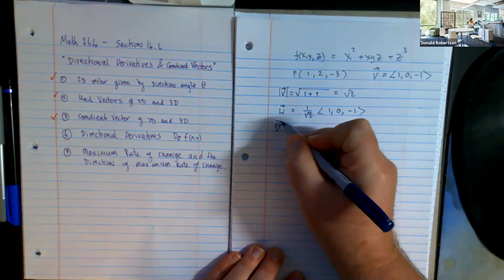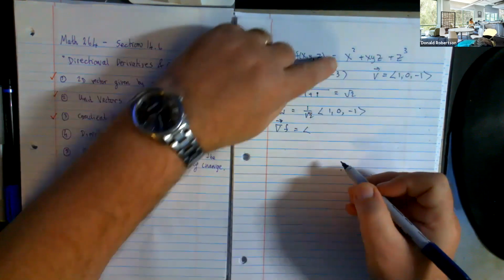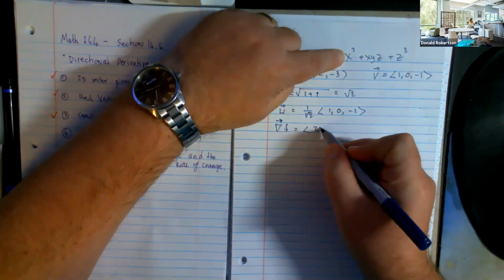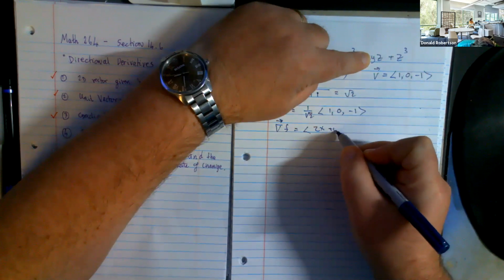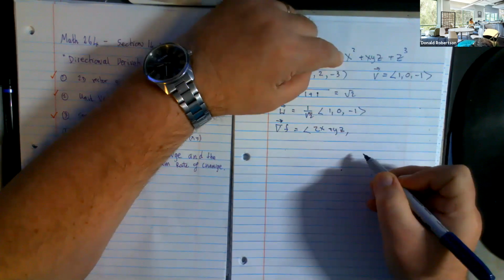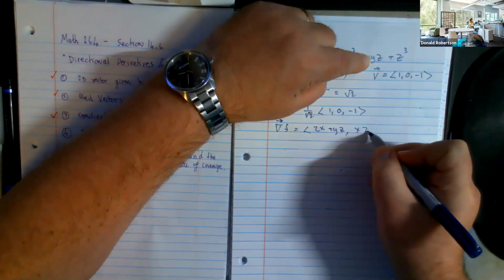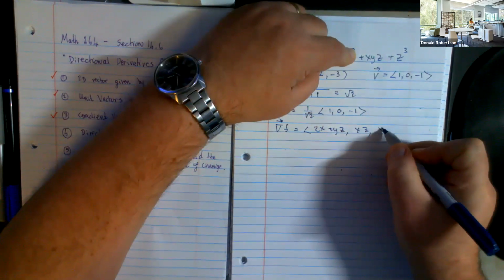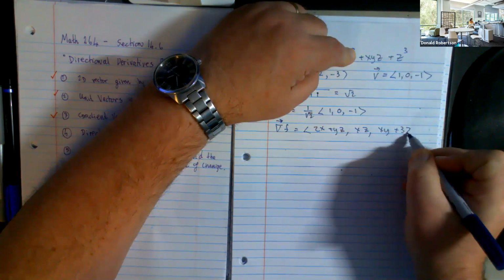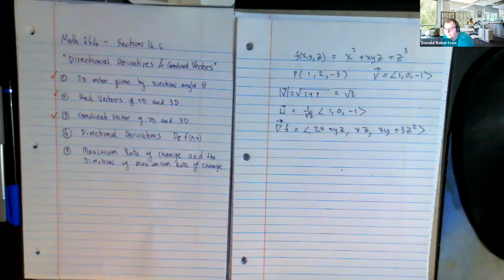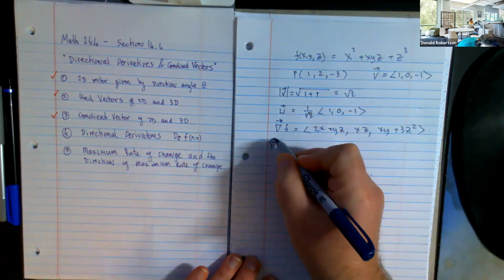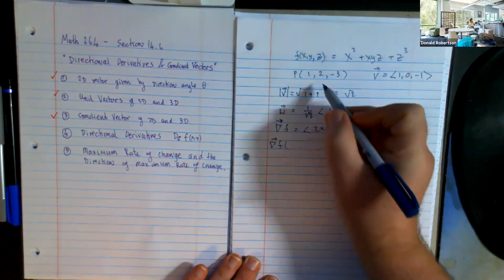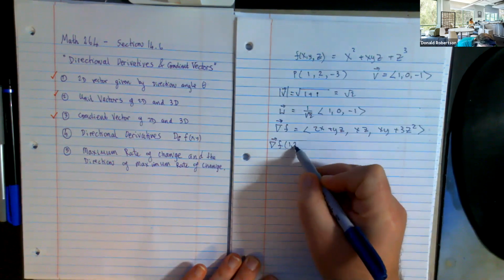Now the gradient vector is going to be differentiate with x, so that's 2x plus yz. The middle one, the y, is going to be xz. And the z one is going to be xy plus 3z squared. Hopefully I didn't screw up there. And now I'm going to find the gradient vector at the point 1, 2, -3.